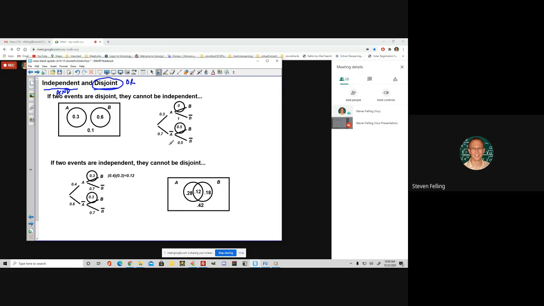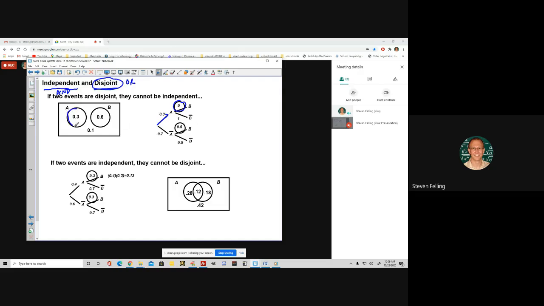Well, if you made a tree diagram of that same thing, if A happens, then there's a 0 chance that B happens, because there's no part of A that contains B. But if A doesn't happen, what's the probability that B happens?